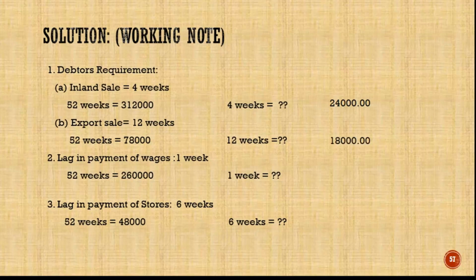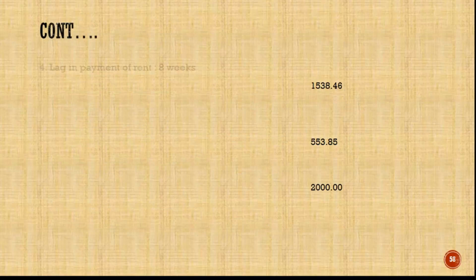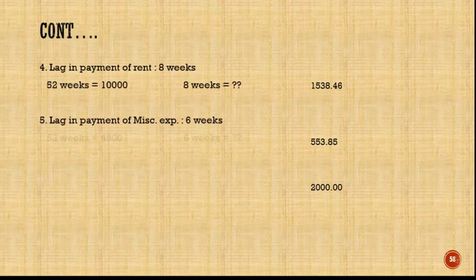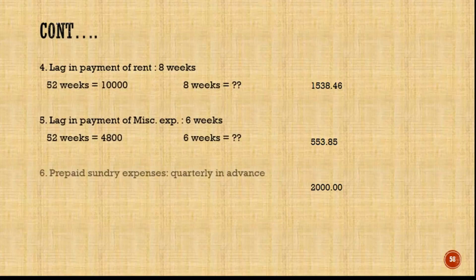24,000 inland sale, 18,000 export sale requirement, outstanding wages 5,000, outstanding payment of stores 5,538.46, and the next is lag in payment of rent, then lag in payment of miscellaneous expenses and prepaid expenses, quarterly paid in advance.